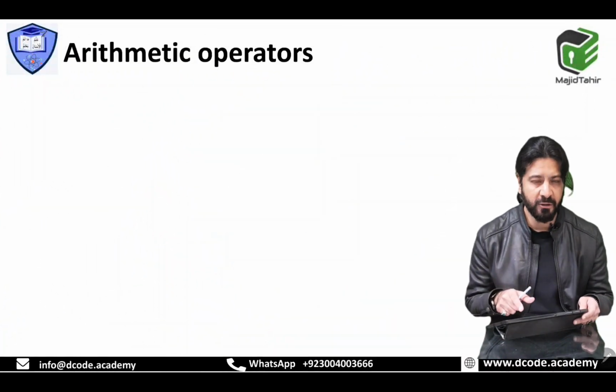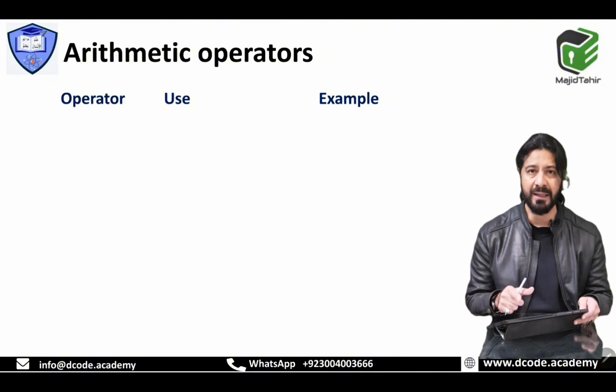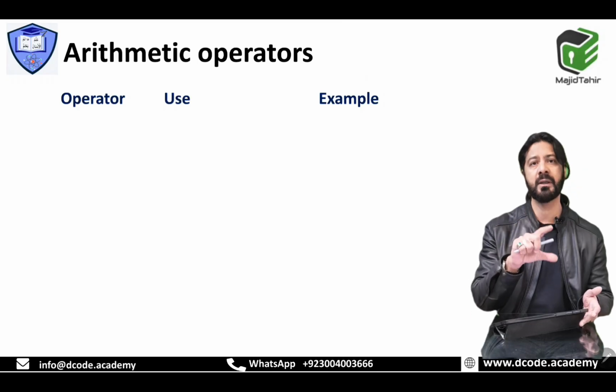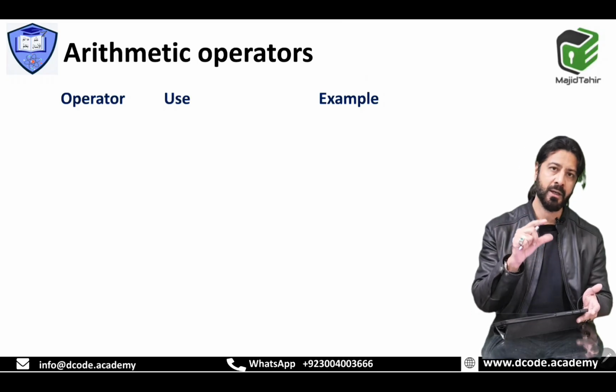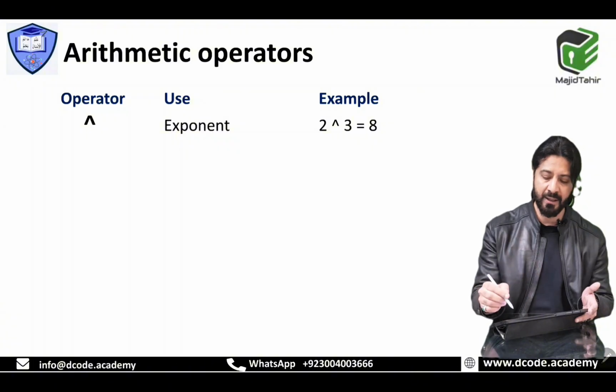Then we are going to talk about arithmetical operators. Arithmetical operators are the operators that we use in computers. They are a bit different from the arithmetical operators used in mathematics. First is the exponent operator that we use in computers.